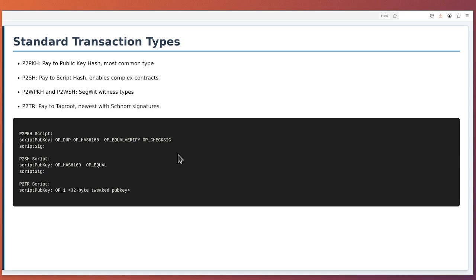Taproot uses Schnorr signatures and allows complex spending conditions to look identical to simple payments, greatly improving privacy. It enables a tree of alternative spending conditions where only the executed path is revealed. These standard types represent the evolution of Bitcoin's contract capabilities, each building on previous innovations while maintaining backward compatibility.